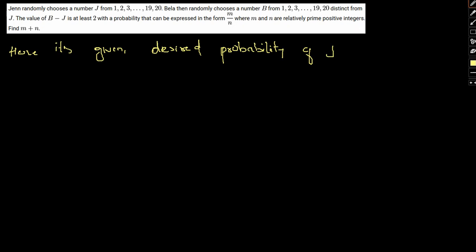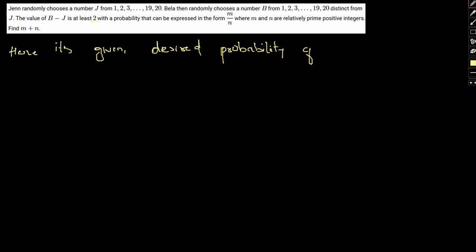Okay, so initially j was chosen, right? j minus b is at most 2, at least 2. Okay, at most 2. Okay, my bad. Sorry. Let's go with the question itself.